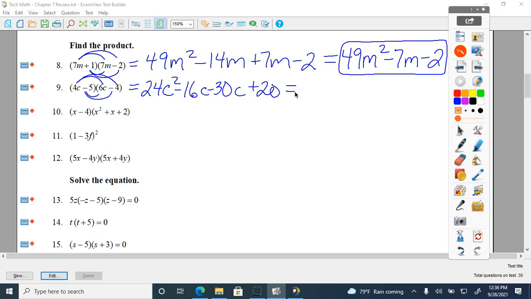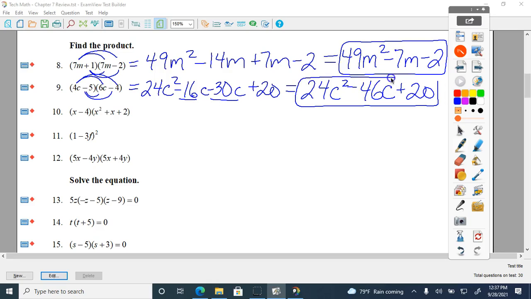And then we add like terms if possible. Is it possible? Yes. So, 24c squared, negative 16 and negative 30 make negative 46c, and then put your plus 20. Okay?